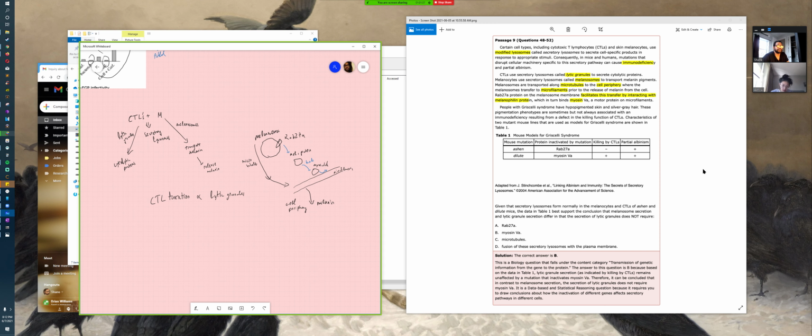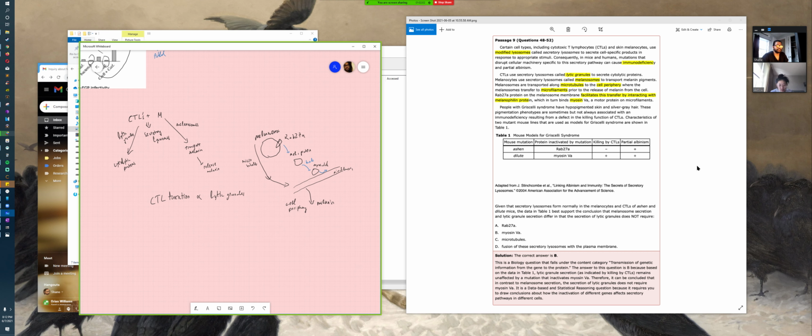Yeah, I think I was confused because from the second paragraph where they describe the differences, I thought those were the only differences. So initially, when I saw this question, I was going to pick A because A was related to the melanocytes and not the CTLs.